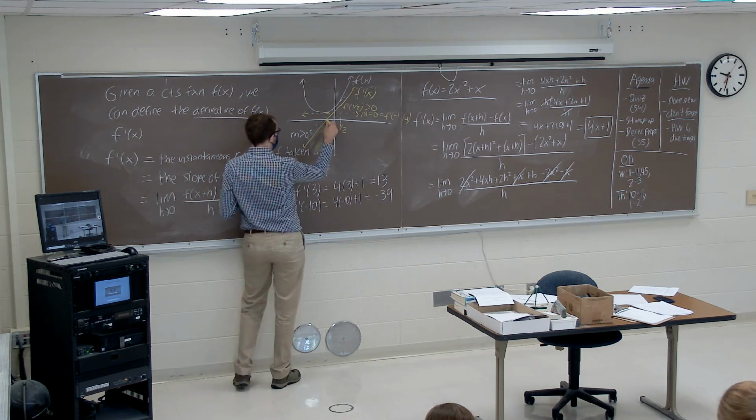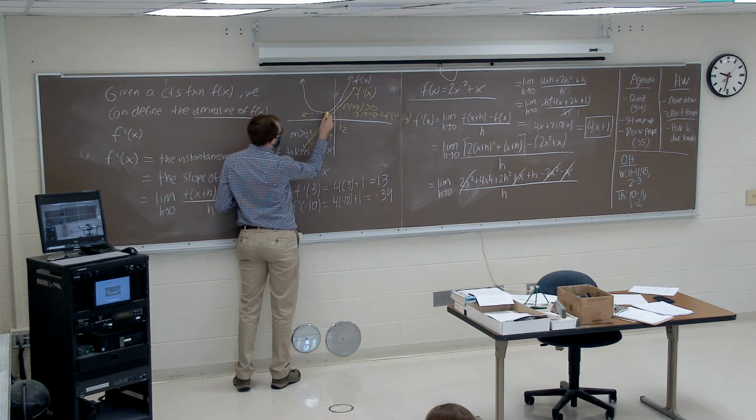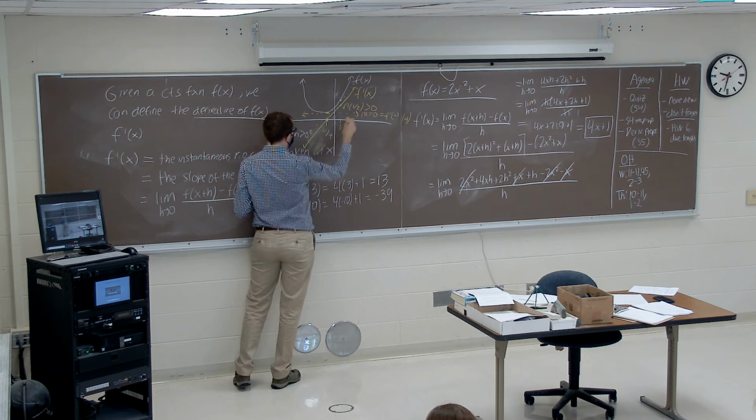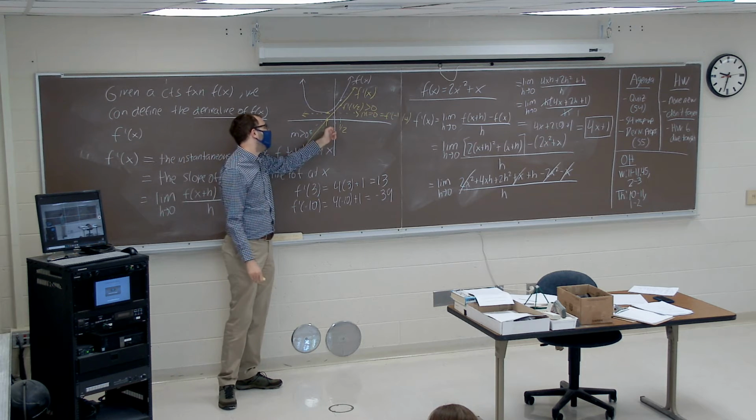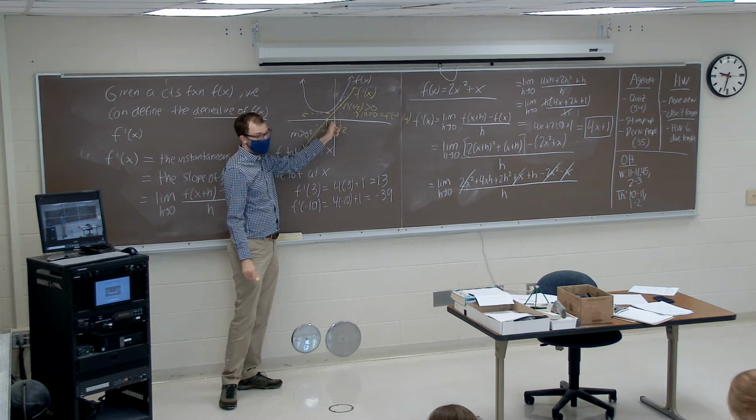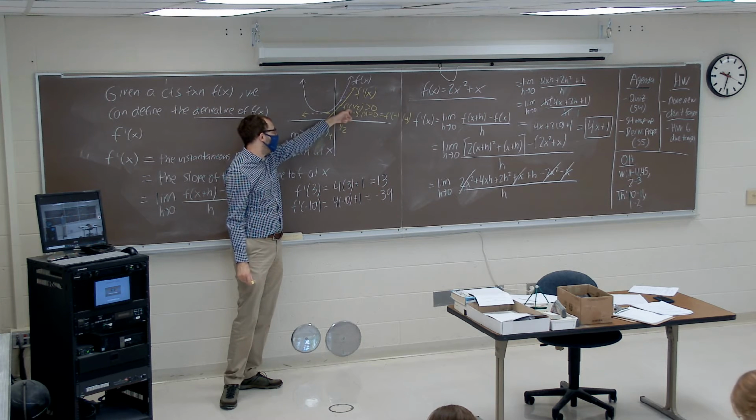At x equals -1/4, we get a flat tangent line with a slope of 0, corresponding to the fact that f prime of -1/4 is 0. At x equals 1/2, f prime is going to be positive, telling us that the tangent line to f of x at that point has a positive slope.